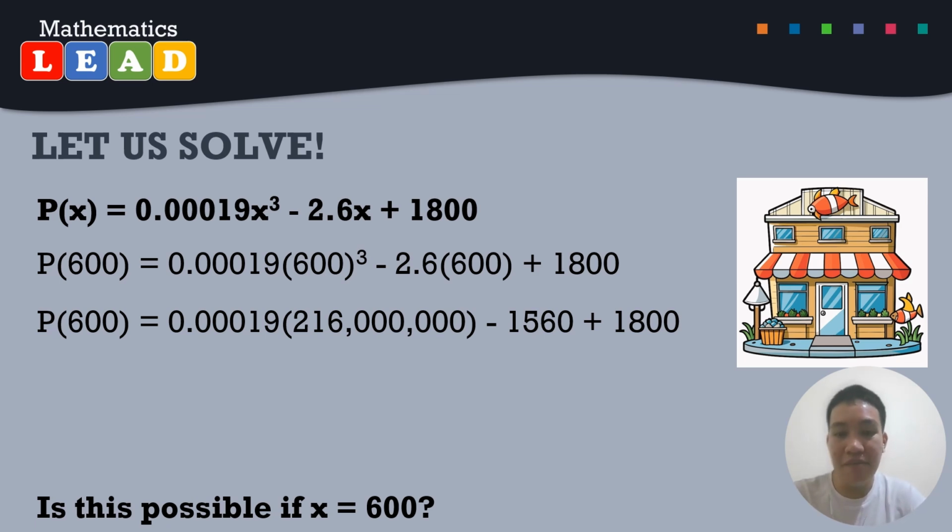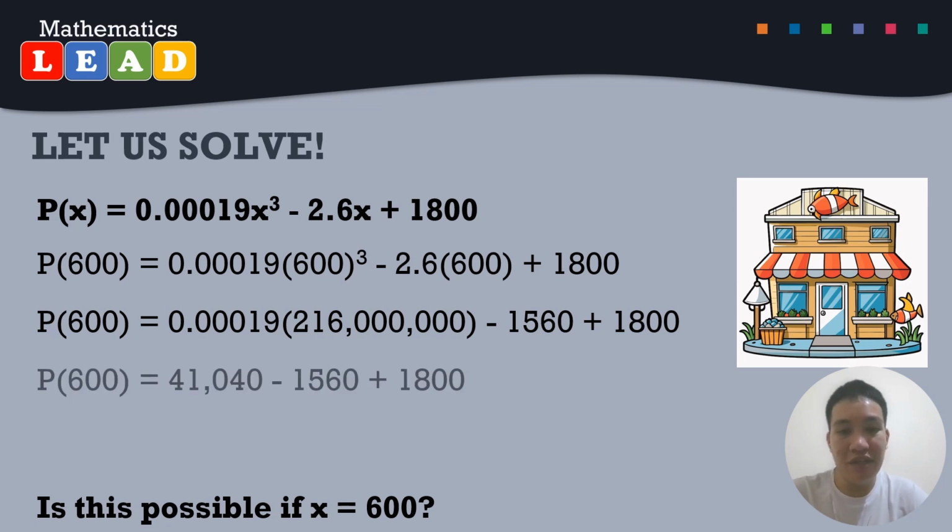What is the next step? That is correct. 216 million times 0.00019 is equivalent to 41,040, minus 1,560 plus 1800. So, what do you think is the value of P of 600? Very good.